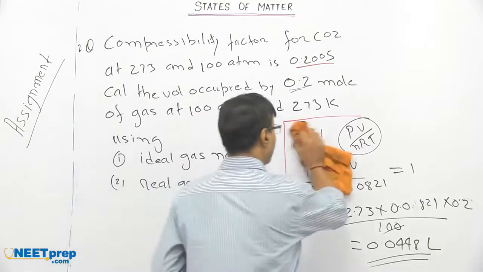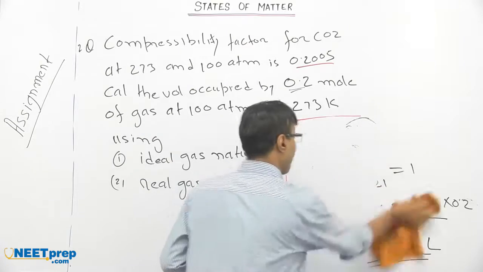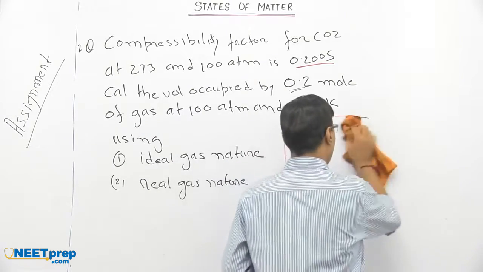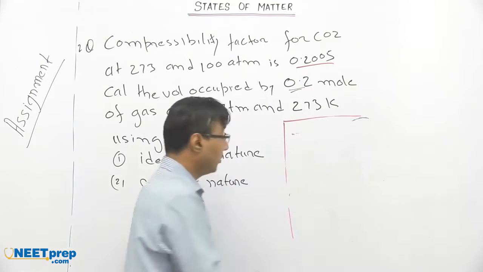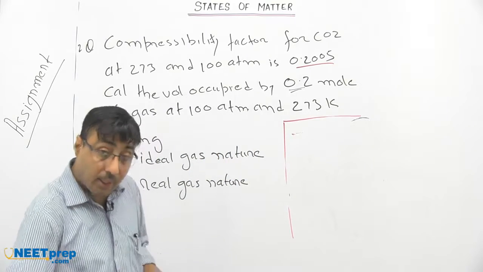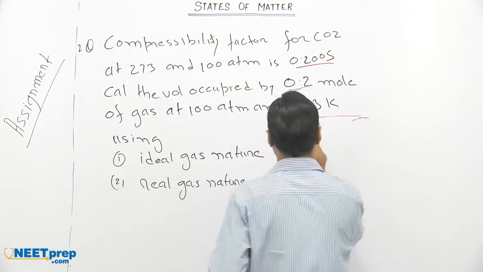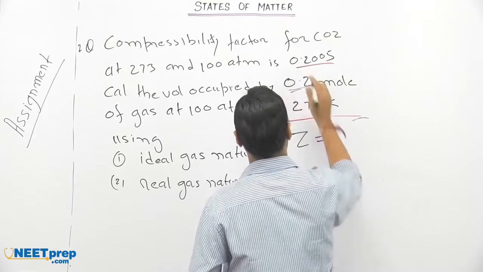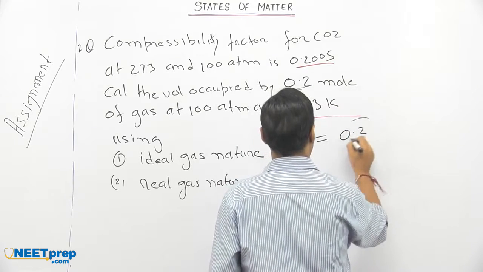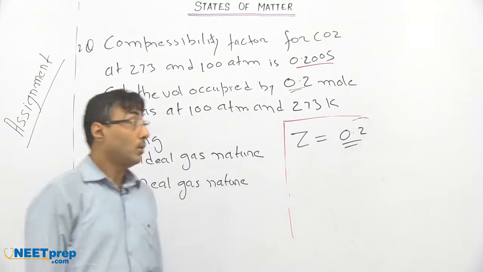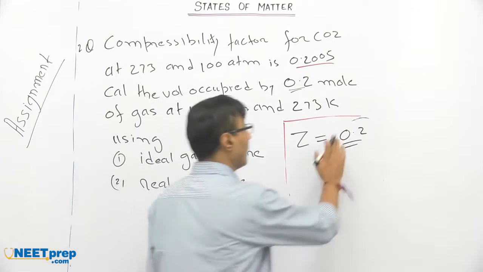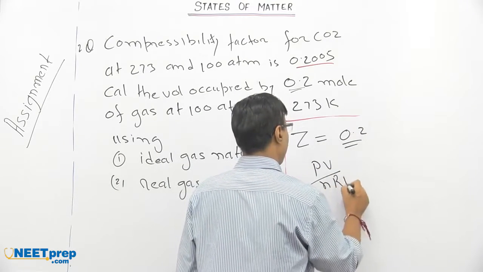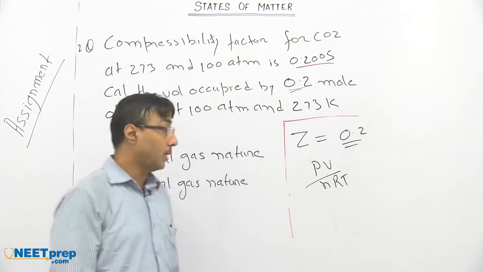Now we have to use the same equation for real gas behavior. What is the value of Z for the real gas? It's 0.2. So again the equation is PV by nRT.